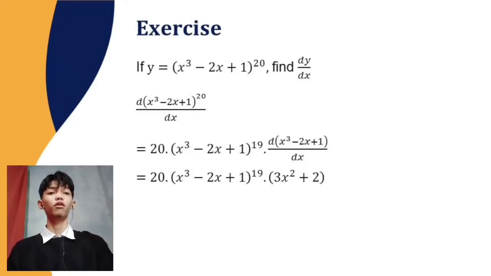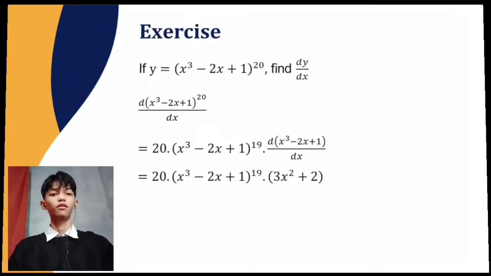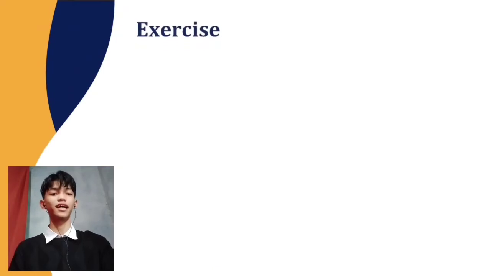Because the derivative of x cubed minus 2x plus 1 is equal to 3 times x squared minus 2, we get the result: the derivative of the function is 20 times x cubed minus 2x plus 1 all raised to the power of 19 times 3 times x squared minus 2. Yes. Okay, let's move to the next exercise.